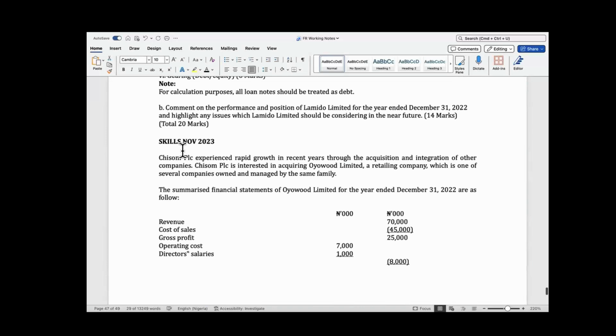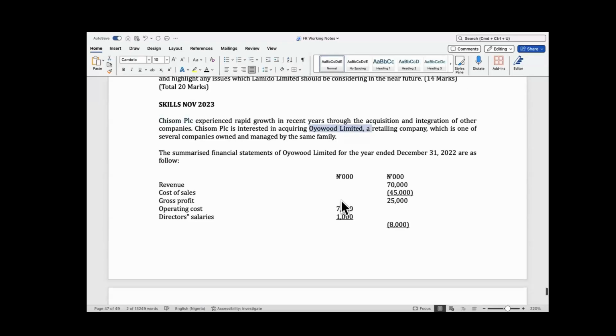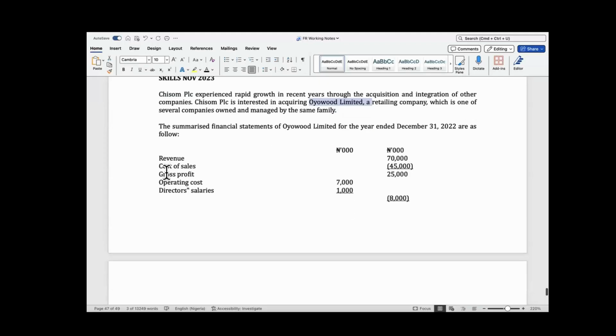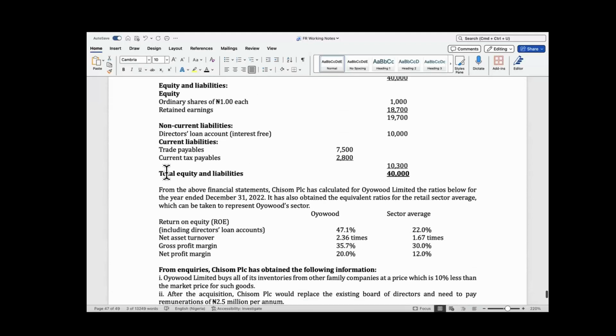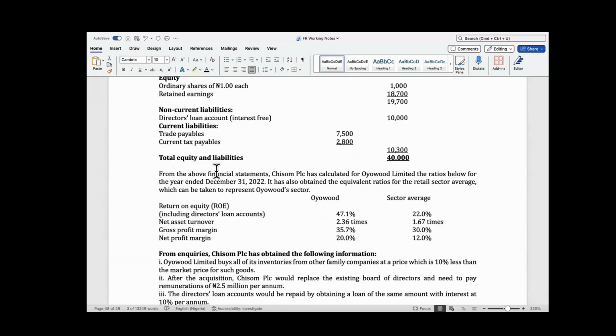So there is Chisom experiencing growth in recent years through acquisition and integration of other companies. So, okay, he wants to acquire Oyo Wood. Okay, so they gave us accounts of Oyo Wood. And from the above financial statement, Chisom has calculated for Oyo Wood these ratios.